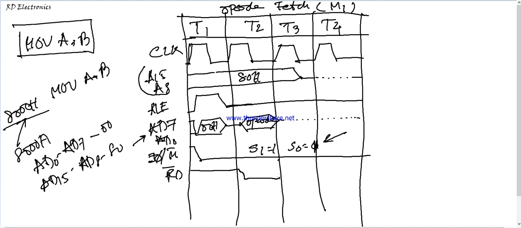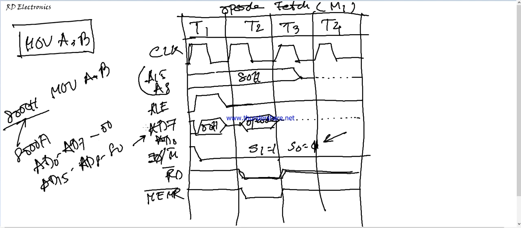This is a memory read operation. Together with IO/M bar and read bar, we generate one extra signal which is connected to the memory, called memory read bar. So memory read bar is low here for the memory read operation because this opcode is stored in the 800 hex memory location.